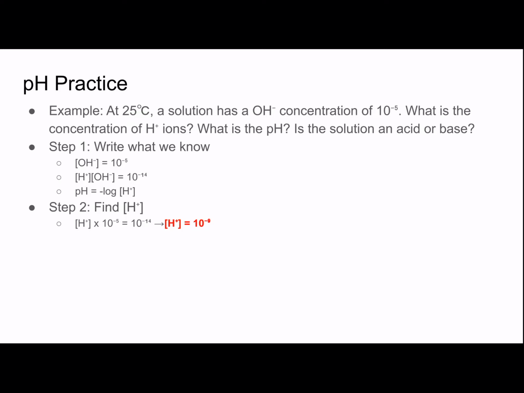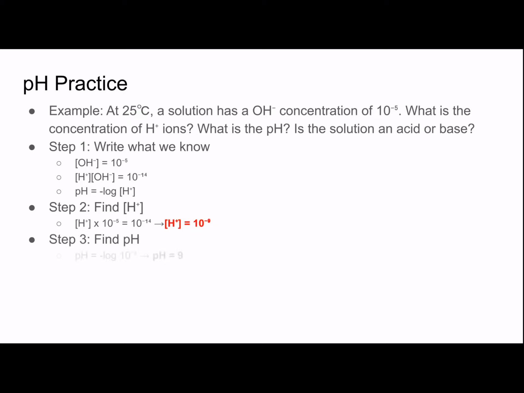We can use our little formula from above and substitute the concentration of hydroxide ions with 10 to the negative 5th. And if we divide by 10 to the negative 5th on both sides, again, remember your rules for dividing with exponents, we will get that the hydrogen ion concentration is 10 to the negative 9th.